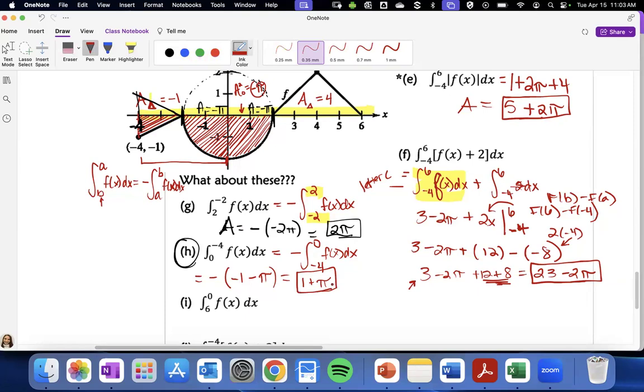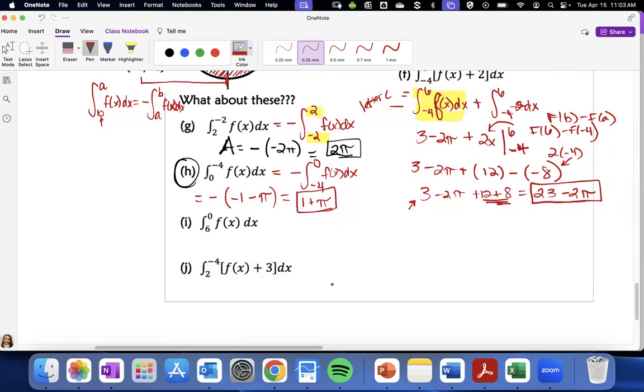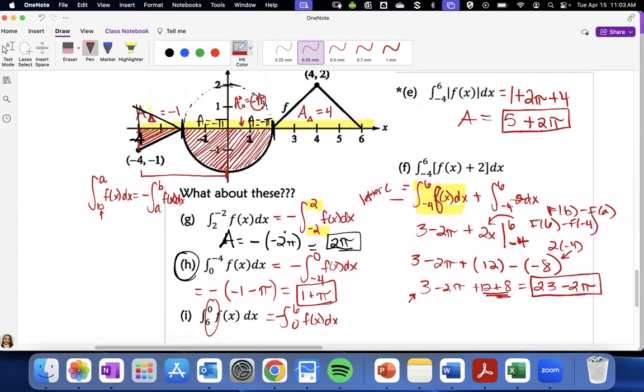How are we feeling? Thumbs up, sideways, down? Okay, all right. For letter I, from 6 to 0. Oh, gotta switch those bounds, least to greatest, 0 to 6. But it's going to be opposite with that negative outside. Go ahead and try to find the integral from 0 to 6.